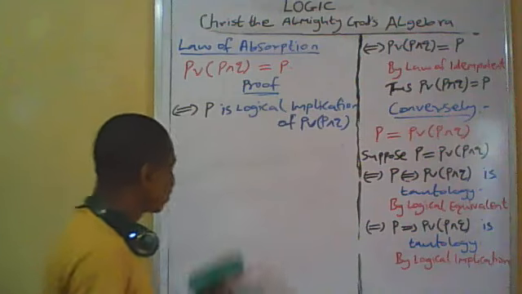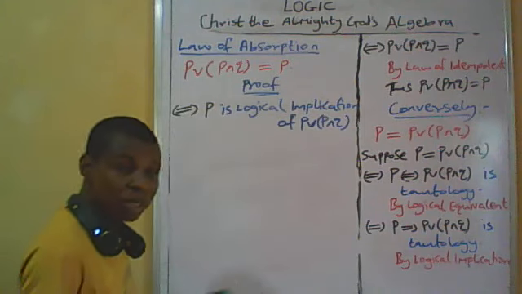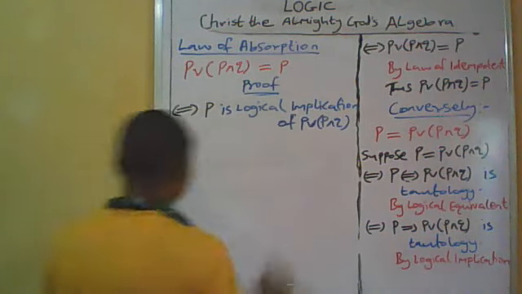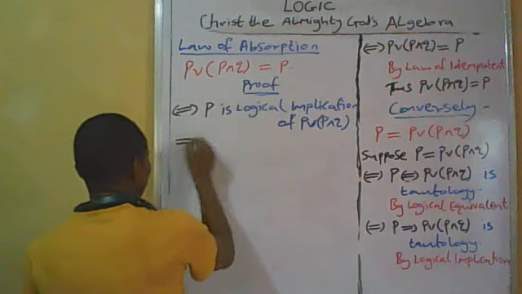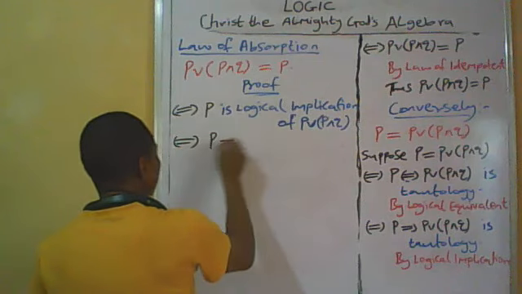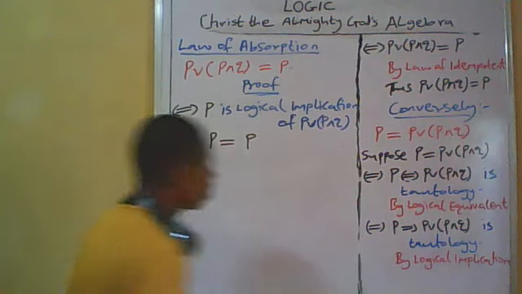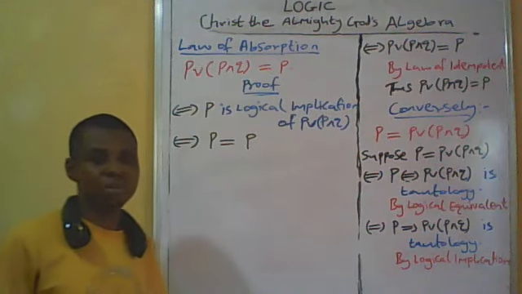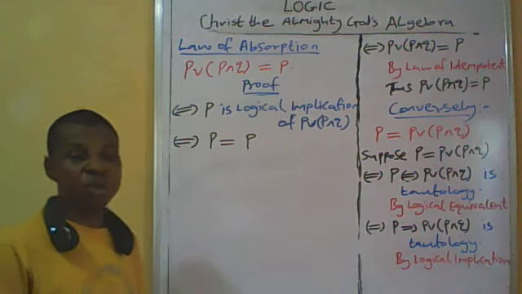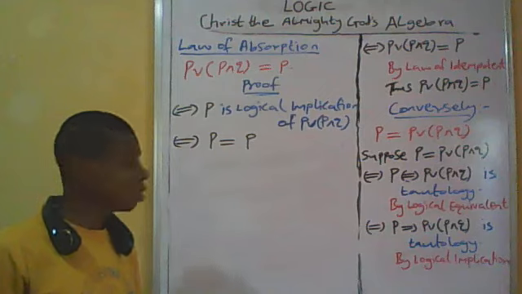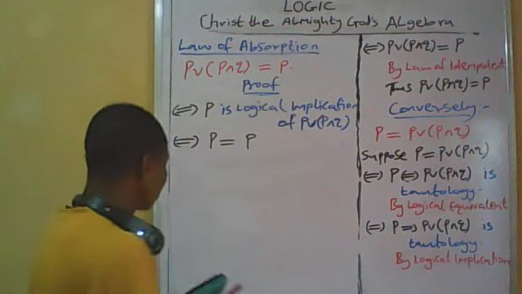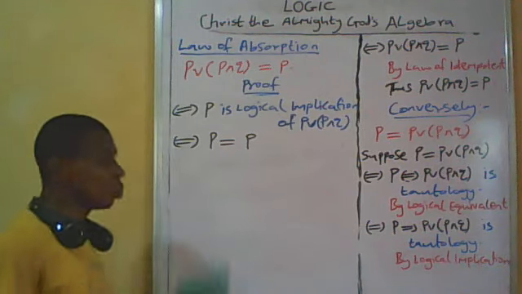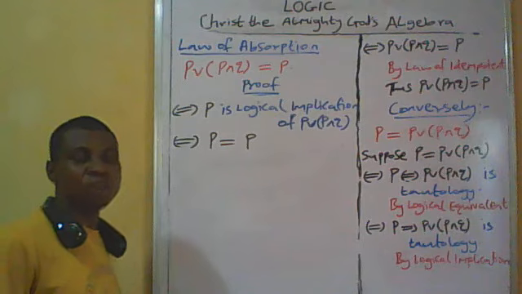So by the principle of logical implication, if this is true, this must also be true. Say P is equal to P. That means P is equal to itself. So it is true that P is equal to itself.